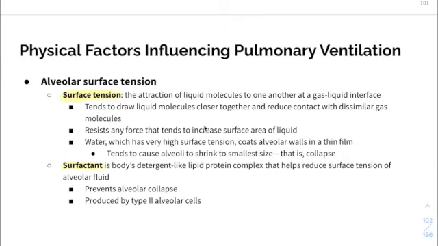Surfactant is made of phospholipids and lipoproteins, and it helps to reduce that surface tension to make it easier to breathe, but it also helps those alveoli maintain their shape. The last thing we want is our alveoli to collapse, because that would increase surface tension and make it harder to breathe.